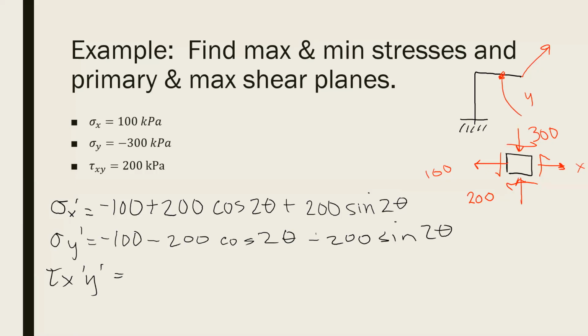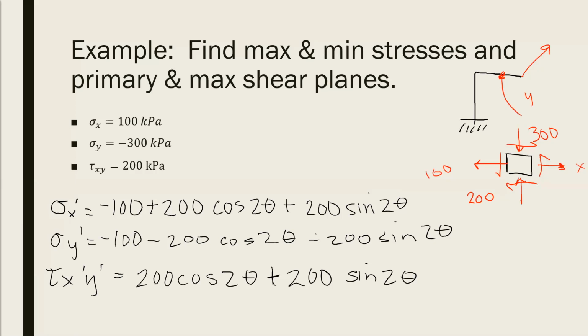Let's see. Okay, so tau xy is multiplied by cosine 2 theta. So I'm going to start with my tau xy, which is 200 times cosine of 2 theta. And then I'm going to add the sigma x minus sigma y over 2, which also is 200, and then sine 2 theta. Okay, so those are your equations that give you your values of these three stress components for any rotation. And that's not what it asked us to find, but we're taking the long road there.